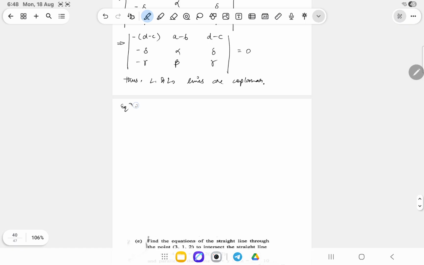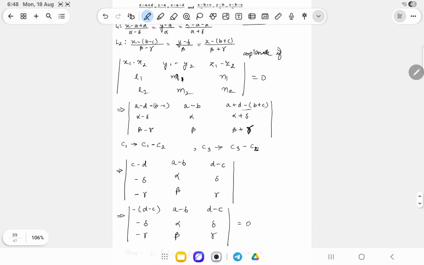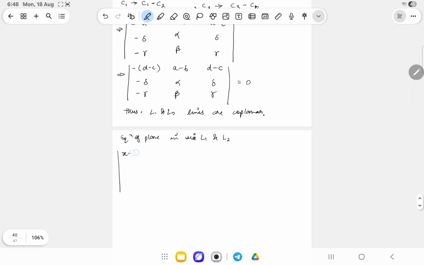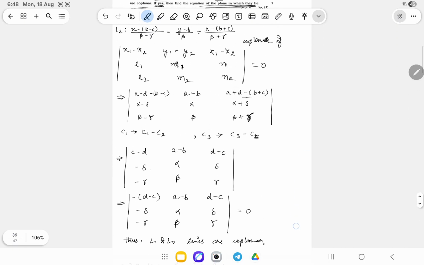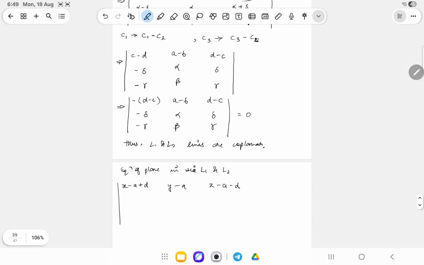So the equation of the plane via L1 and L2 will be the determinant with rows x minus a plus d, y minus a, z minus a minus d; alpha minus delta, alpha, alpha plus delta; beta minus gamma, beta, beta plus gamma, equals 0.